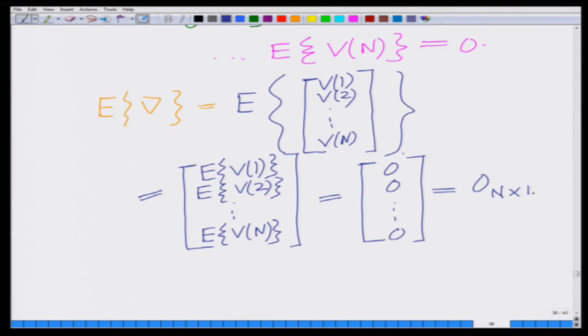If you look at the noise vector, each of the noise components V1, V2, Vn, each of these Gaussian noise components has 0 mean. Therefore, the expected value of the vector V bar is the 0 vector. Now, I can use this to simplify the expected value of our estimate h hat.